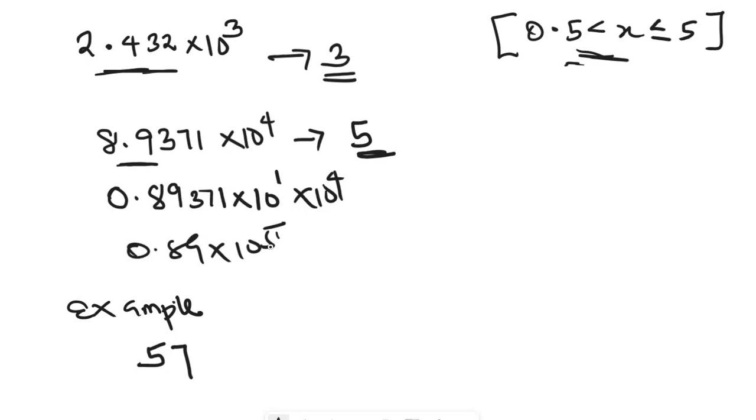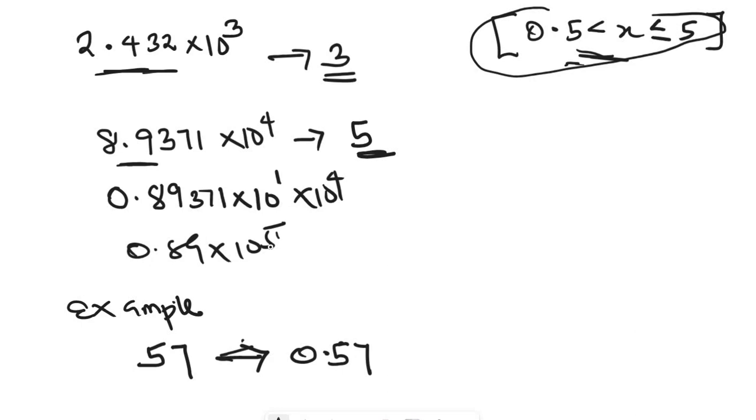Now, 57 is far outside this region, so you know what to do. 57 is the same thing as 0.57 times 10 raised to the power 2. I think it's correct: 0.57 times 100 is 57. So the order of magnitude of 57 is 2. Yes, you got it right.